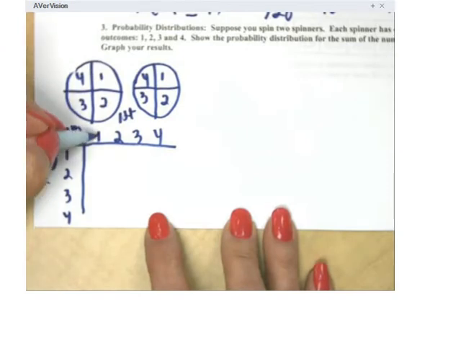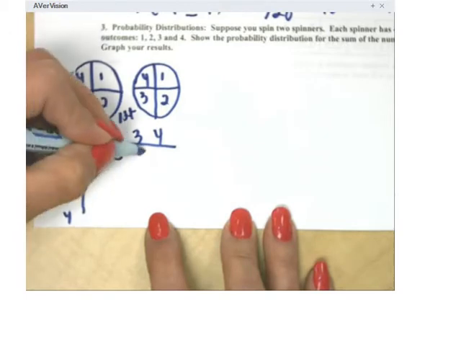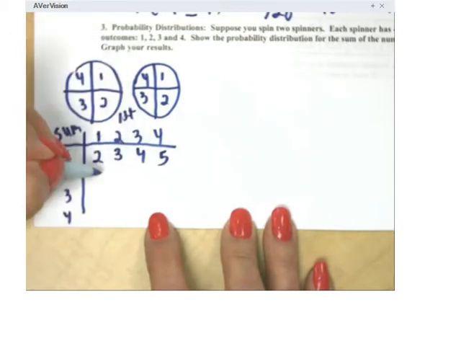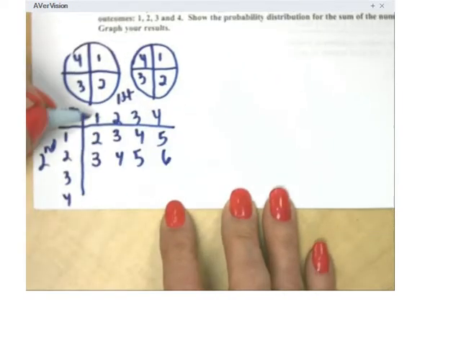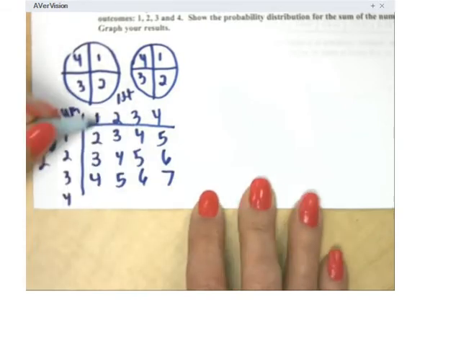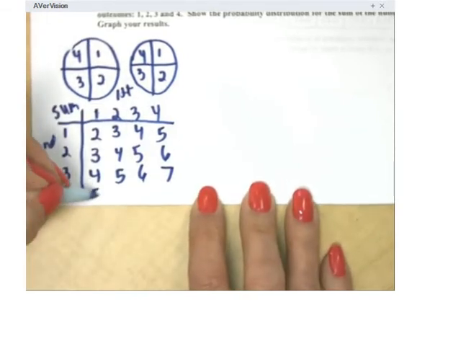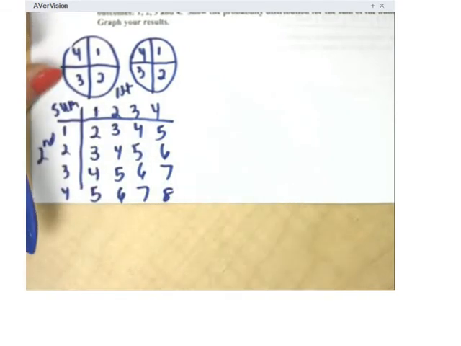So the first spinner could come up a 1, and the second spinner could come up 1, and I'd have a sum of 2. I could have the first spinner come up 2, and this one a 1. And so on. 1 with 2. 1 with 3. 1 with 4. Okay. And there's the entire setup of the different ways that my situation can come up.